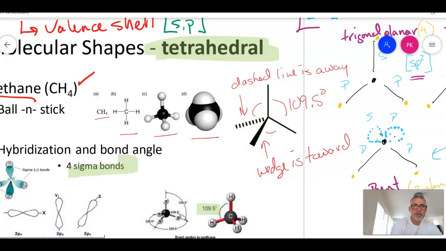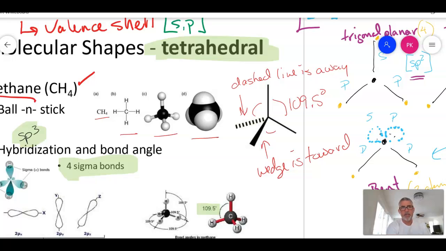So you need to know the sigmas and pi's associated with these molecules, right? My hybridization right here is sp3, because we already said that. So make sure to know that tetrahedral forms kind of that pyramid with something coming off the top.